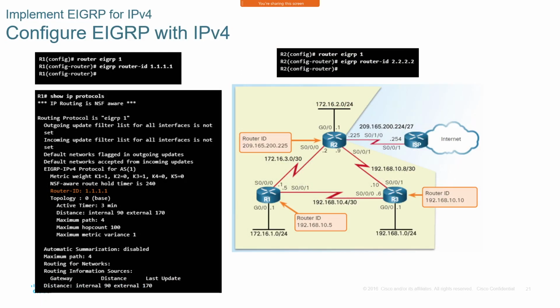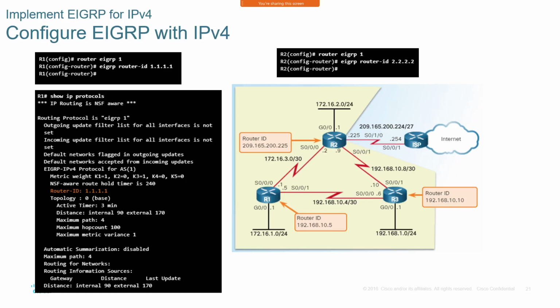In the example that we had, we can also assign a router ID if we don't want the router ID to be assigned automatically. Now, if we leave the router ID to be assigned automatically on every single one of the routers, router 1 will give itself the address 192.168.10.5 because that's the highest IPv4 address on an interface which is up.